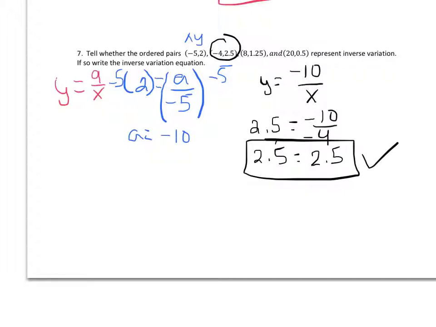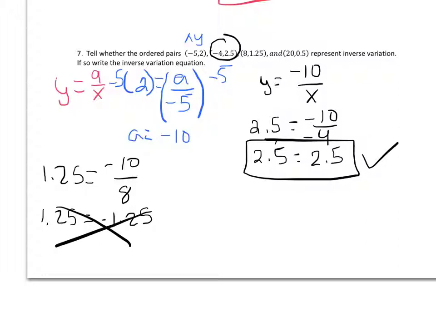Check the second one now. 1.25 equals -10 divided by 8. I get 1.25 equals -1.25. Is that true?